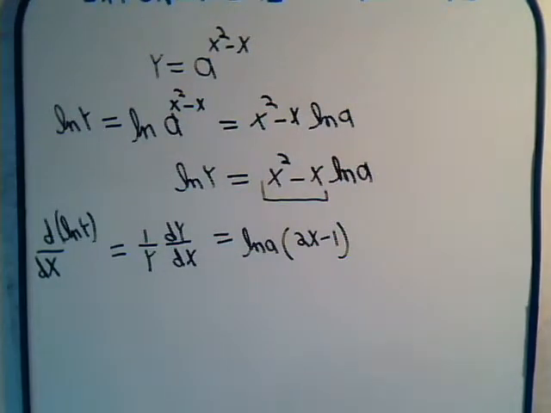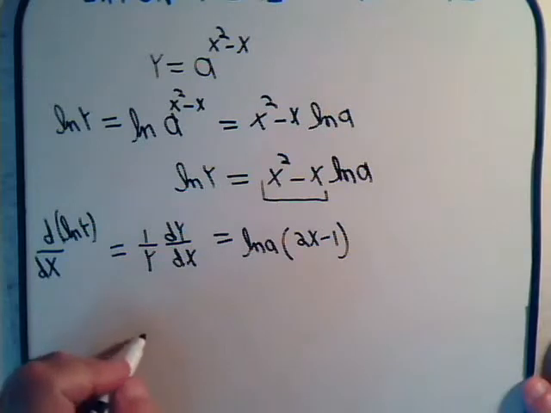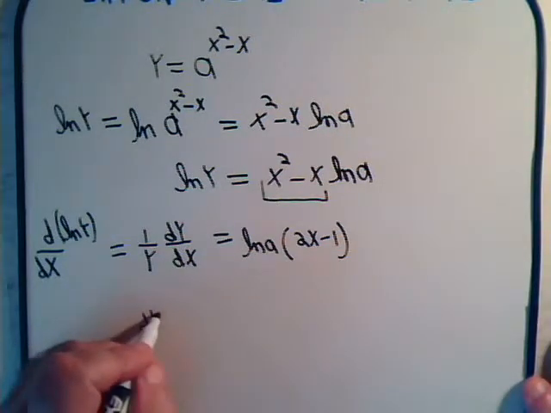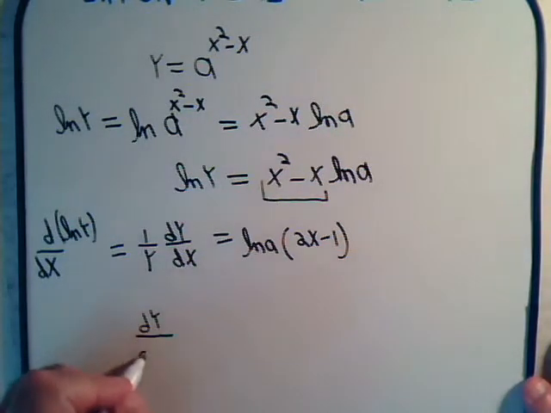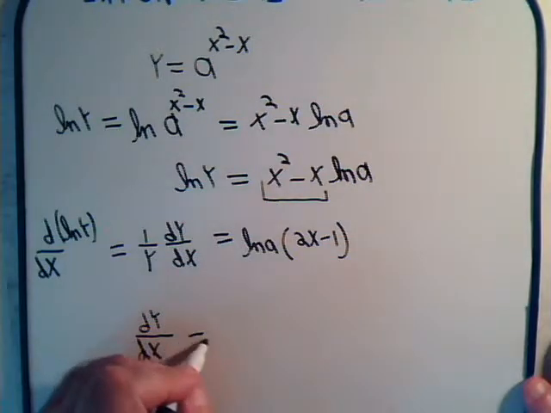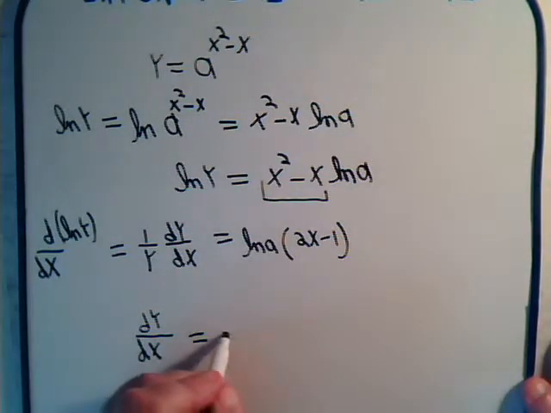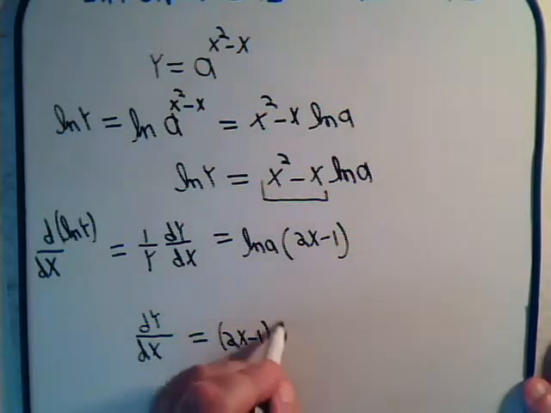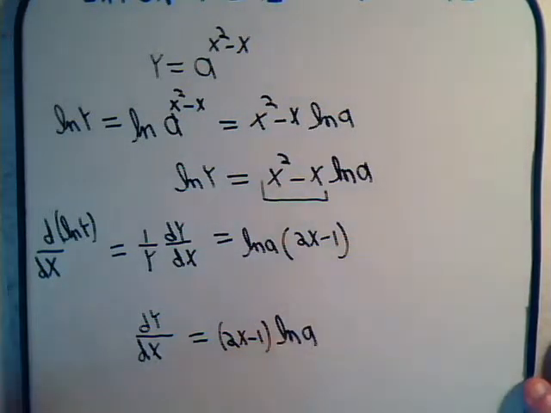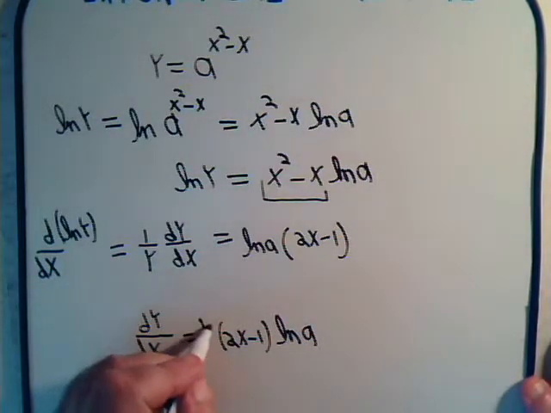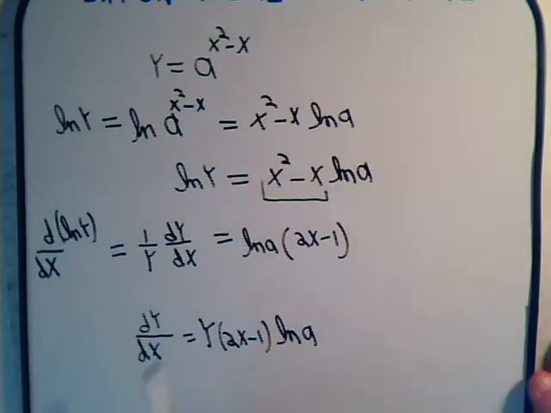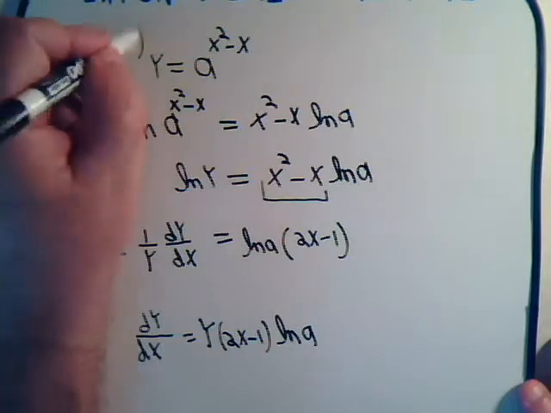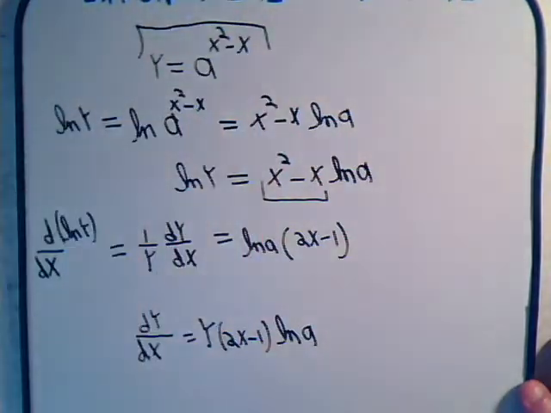So here we have then that dy/dx equals 2x minus 1 times the natural log of a, and we have to multiply both sides of the equation by y. Here's dy/dx. But what is y? y is this.